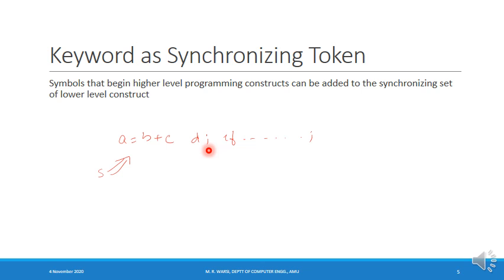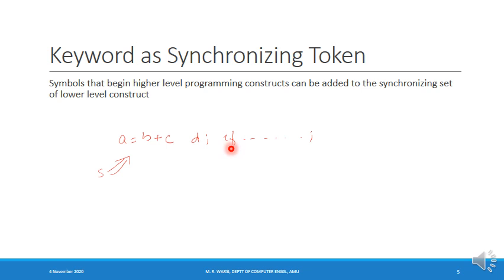But by mistake, if this semicolon is also missing, then this will cause all the tokens that are part of this statement to be skipped, and the parsing will resume from this semicolon. So in such a situation, it is logical to select the keyword if as a synchronizing token.